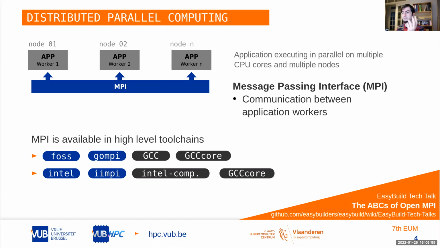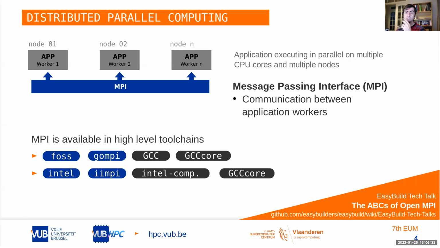So basically it serves to offload out of the application all the complexity of handling the network connection. The MPI implementation will check the hardware, will check network connections, will establish the communication. So it's a complex entity. As a result, you will see that the toolchains in EasyBuild that provide MPI support are the higher level toolchains, because even if it's just one more dependency, that implies a lot.